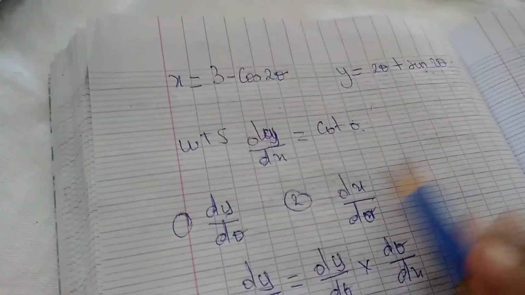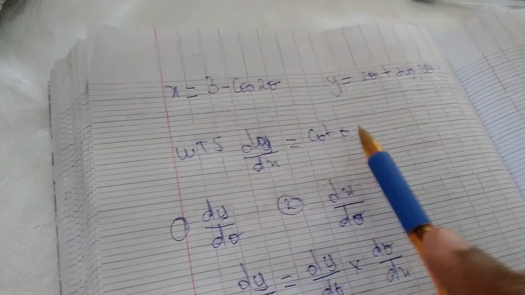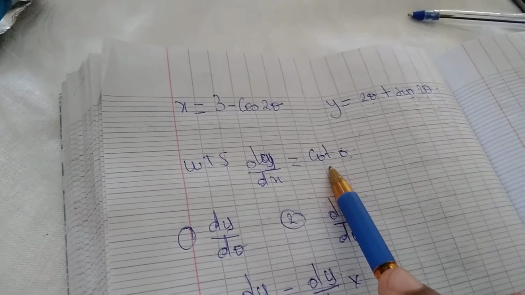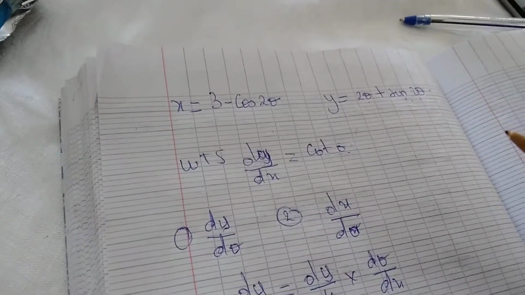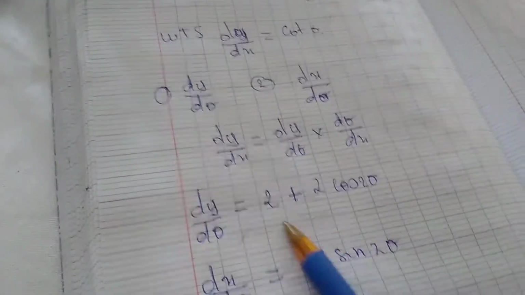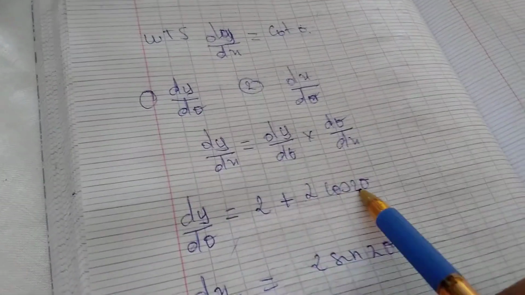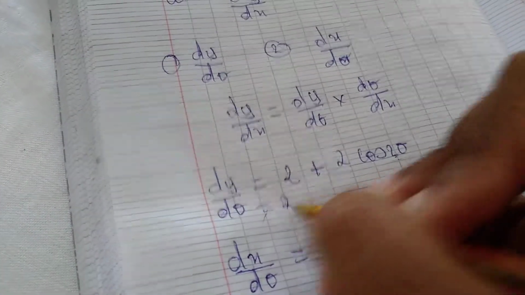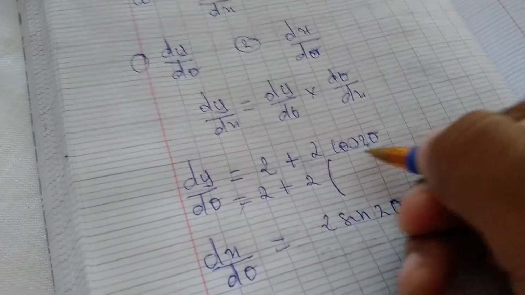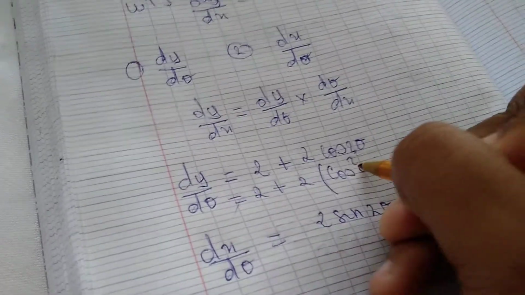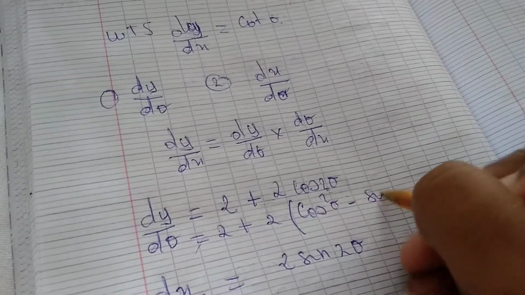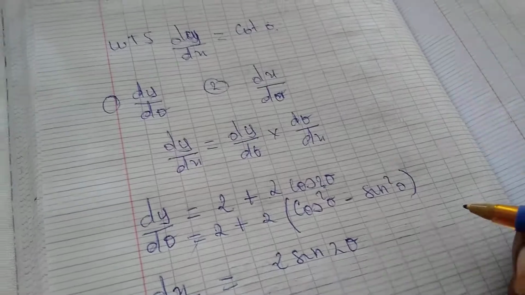Now, when you look at what they are asking you, you shouldn't have double angles like 2 theta inside. You should have only theta. So using your double angle formulas, you break this up. So this is how I will do it. This will now become 2 plus 2, cos squared theta minus sine squared theta.